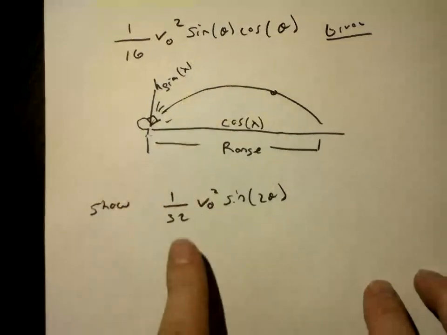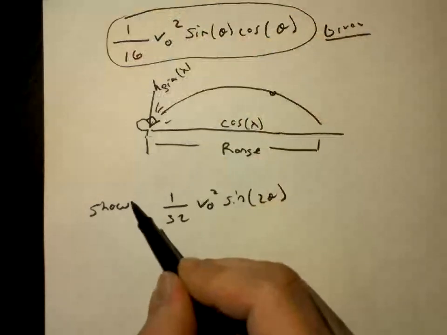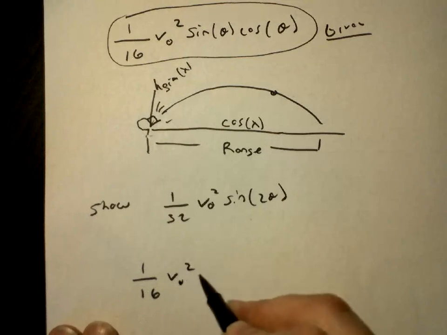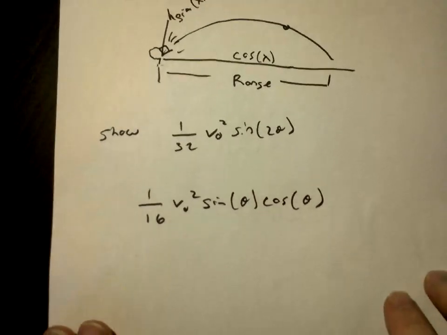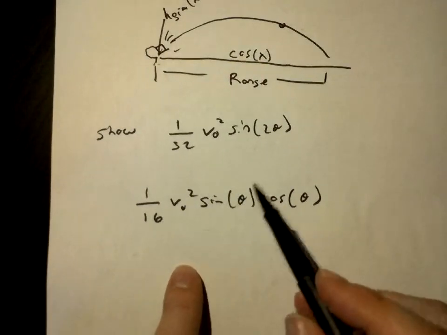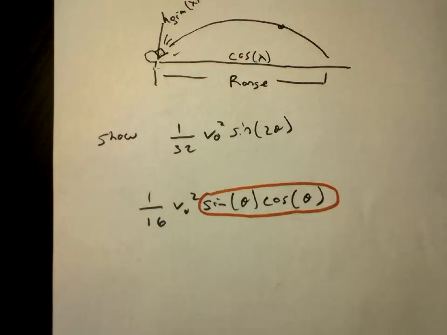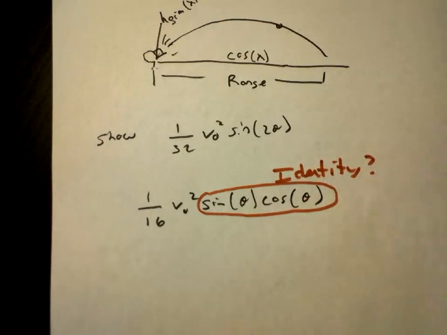If I'm given this and showing this, if I just take this one right now and ignore this one, I'm going to rewrite this one over. I want you to think about this. If you see this right here, are you thinking of an identity? Do you see that I might have an identity of that somewhere?